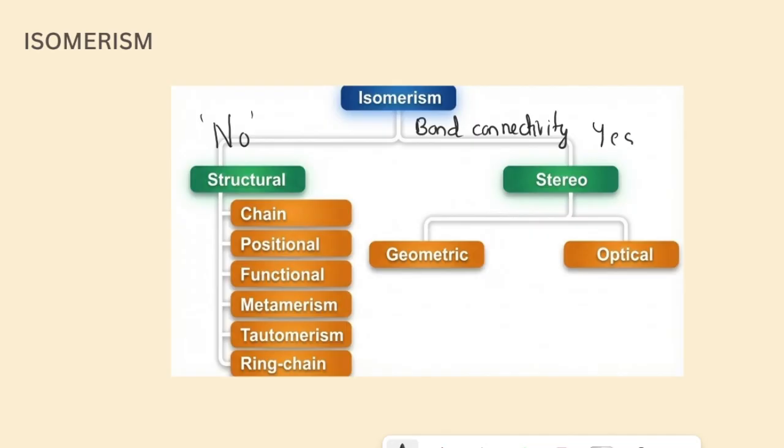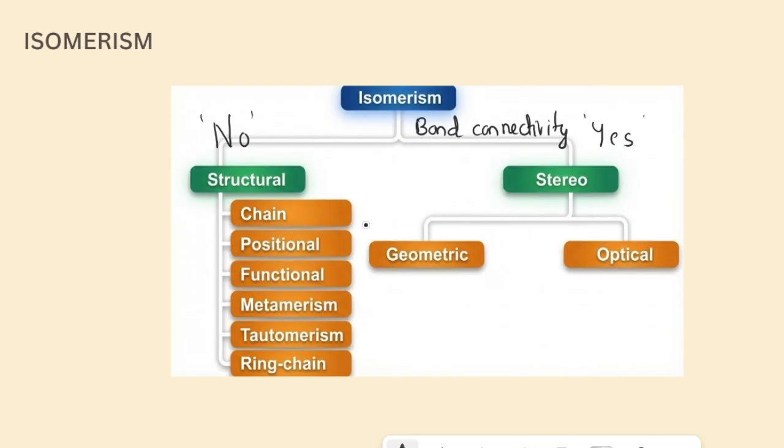Yes, if they have the same bond connectivity, but the three-dimensional arrangement of the atoms is different, then we call the molecules stereoisomers. The structural isomers are further classified as chain isomers, positional isomers, functional isomers, metamers, tautomers, and ring chain isomers. And stereoisomers are further classified as geometrical isomers and optical isomers.